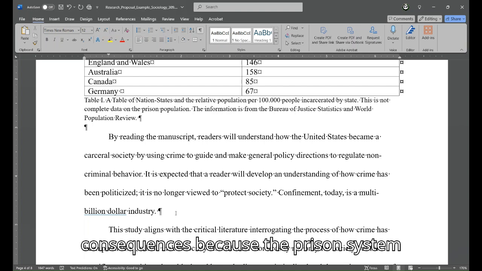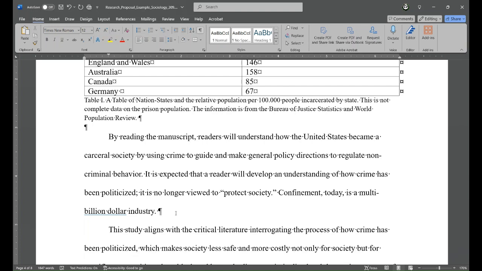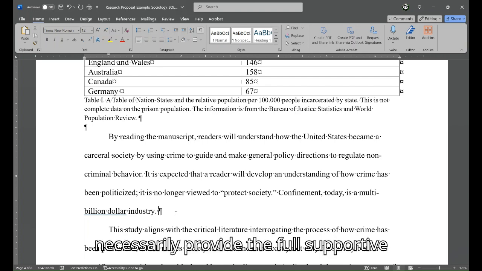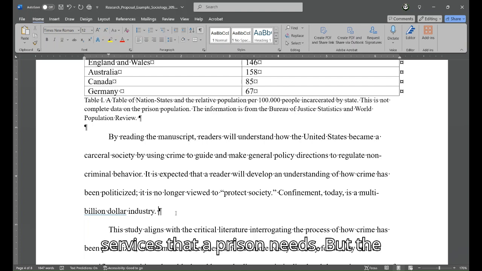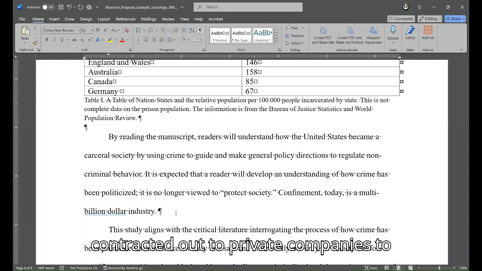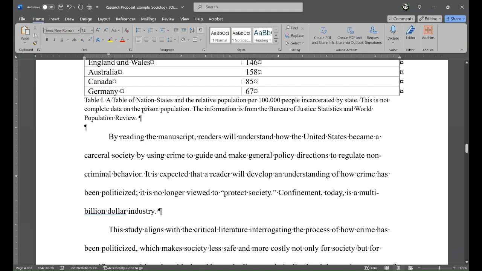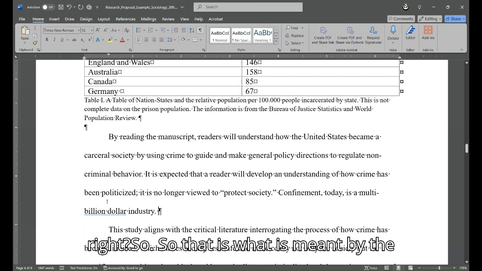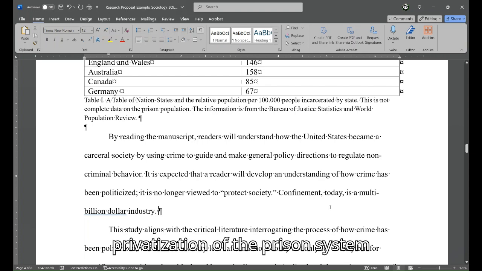And that's one of the consequences because the prison system has been privatized, meaning that the state does not necessarily provide the full supportive services that a prison needs, but the state has contracted out to private companies to provide services for the inmates. Right. So that is what is meant by the privatization of the prison system or the penal system.